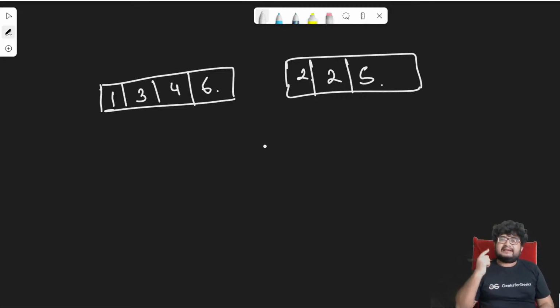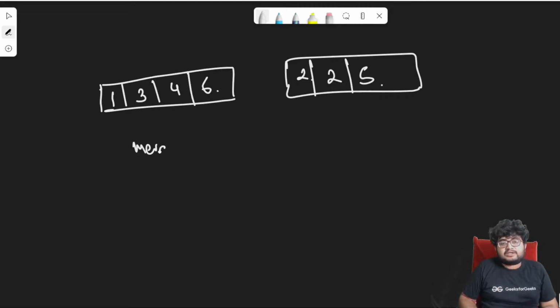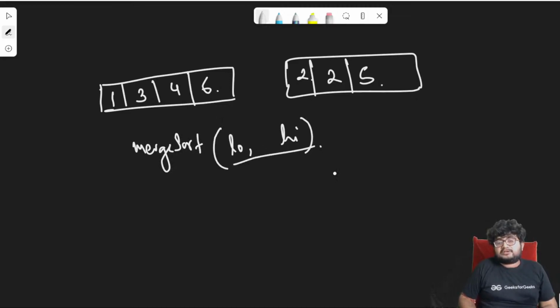Now, if you think about it carefully, how did we call the merge operation? In our merge sort, we have a low to high range that merge sort will sort. We find the mid, low plus high by 2.